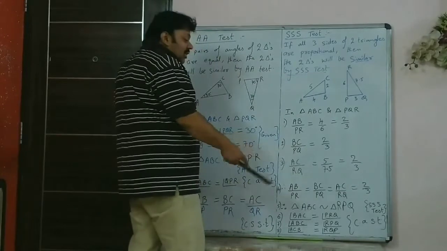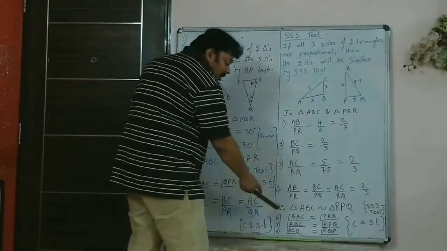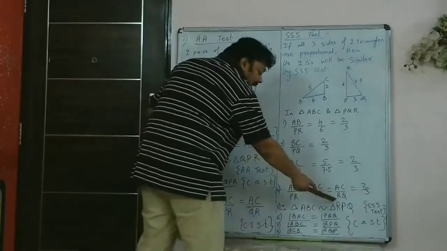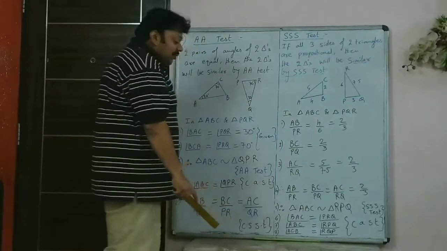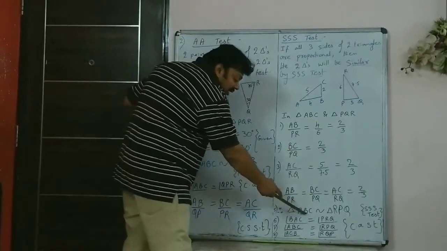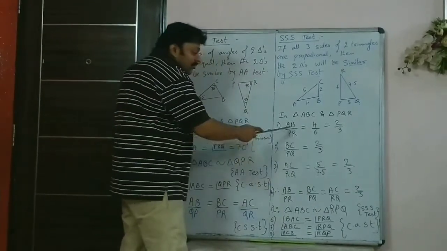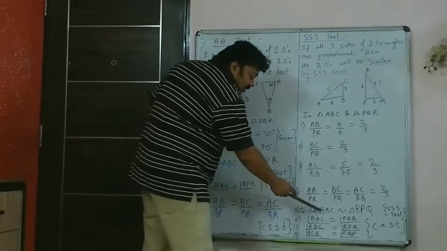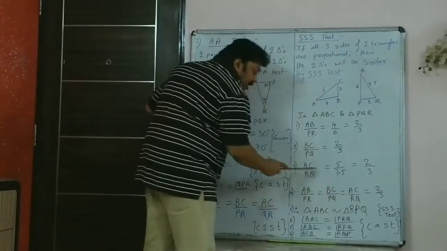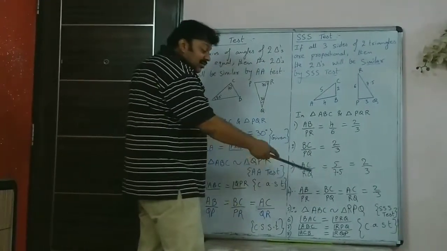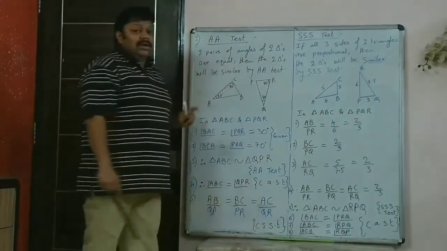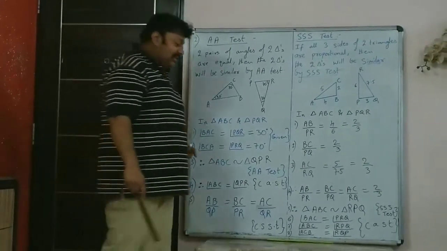So that is also correct. And AC upon RQ, first and third alphabet, RQ first and third alphabet. So directly we are getting AB upon PR is equal to BC upon PQ is equal to AC upon RQ, so that is being satisfied. This is how you will write it in the correct one-to-one proportionality.